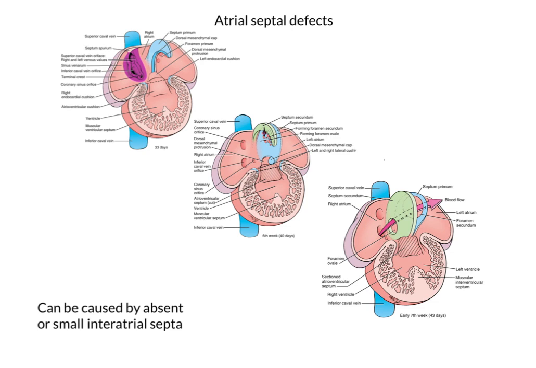And essentially, atrial septal defects are caused by either absent or small interatrial septa. So if you imagine, if either septum primum or septum secundum are small, underdeveloped, then that flap valve, which is so important for shunting from the right to the left atrium, will not work effectively.